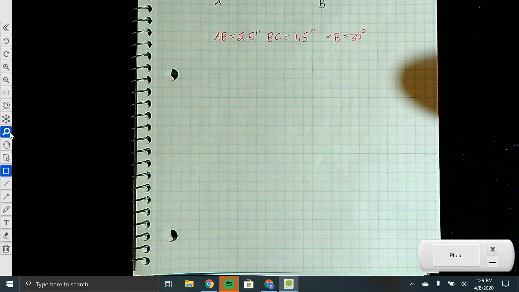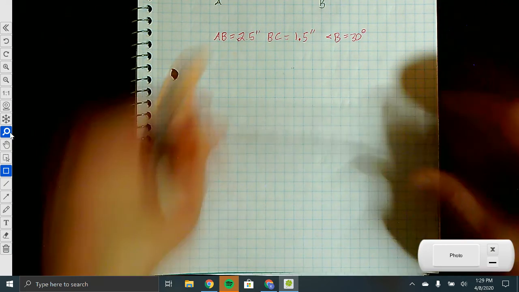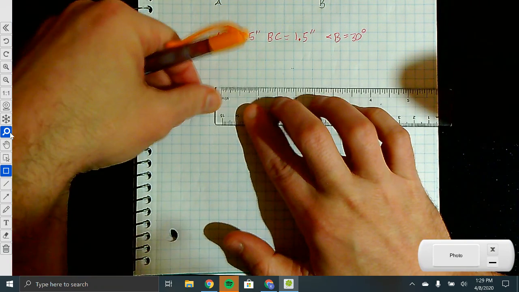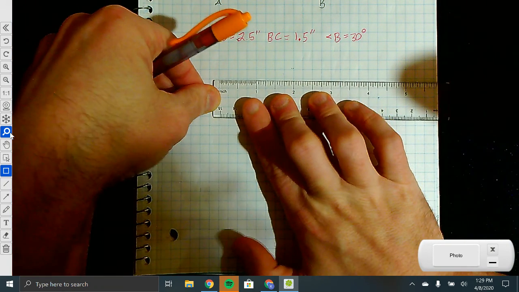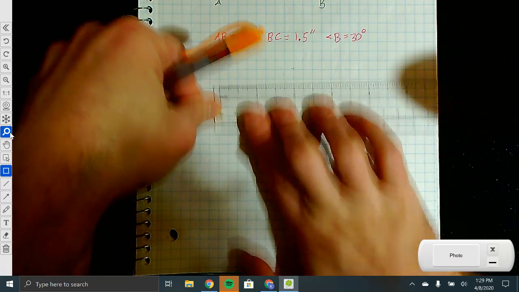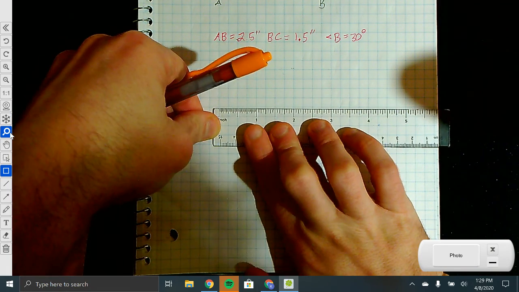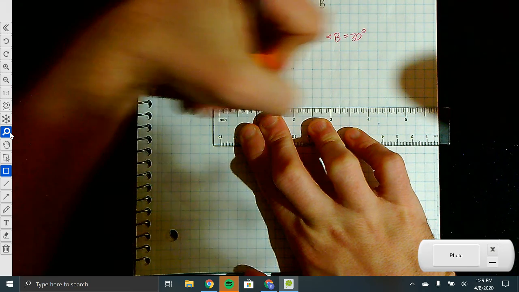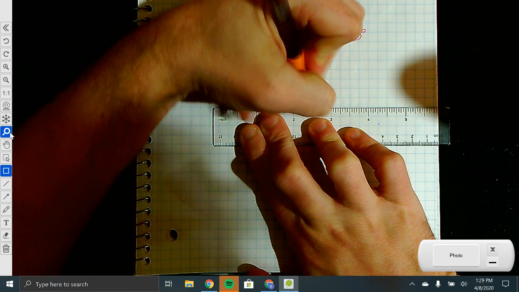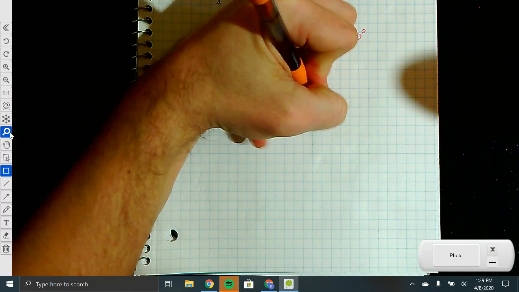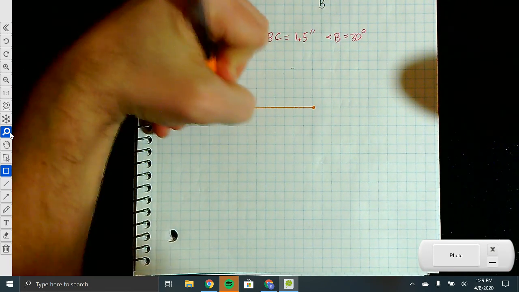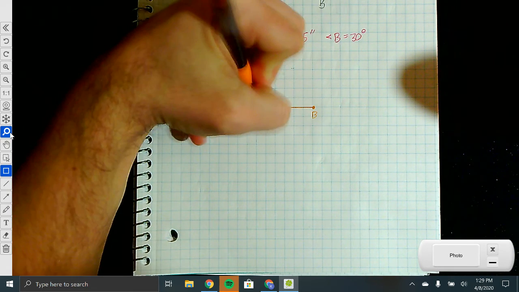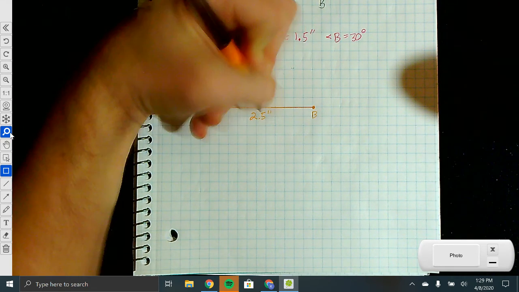Now I'm going to start with AB and give myself my segment that is 2.5 inches long. Now for the size of this, I'm going to want to give myself a little bit of room. And I'm going to draw in my segment AB. So now I have AB that is 2.5 inches long.